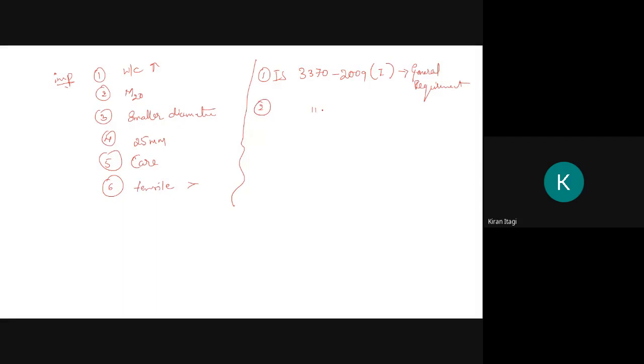The second one is IS 3370 2009 part 2, which is used for reinforced concrete structures. Next, part 3 is for pre-stressed concrete structures. The next one, part 4, has the design tables. And also we will take the help of IS 456 2000.